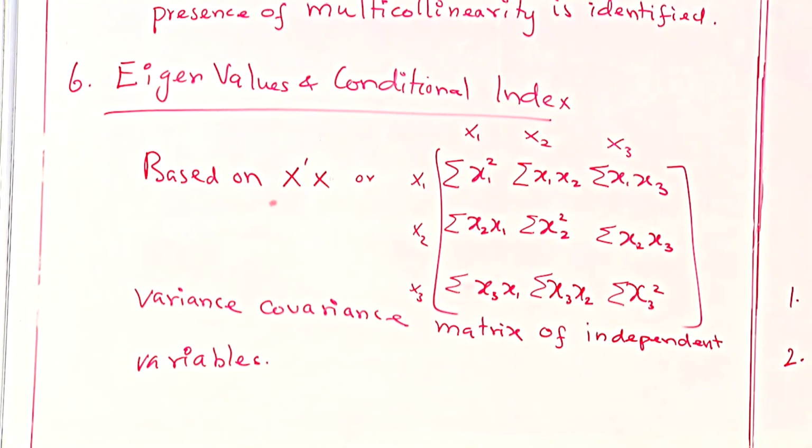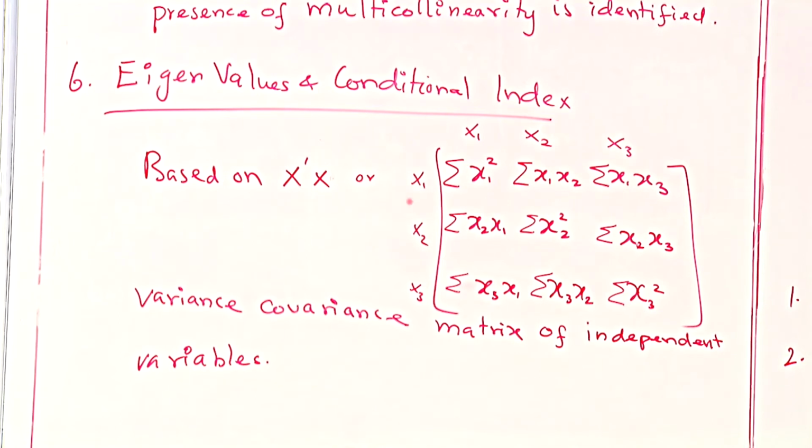This method is based on the matrix X dash X. This is the data matrix of the independent variables, and from it we can find the variance covariance matrix of the independent variables.